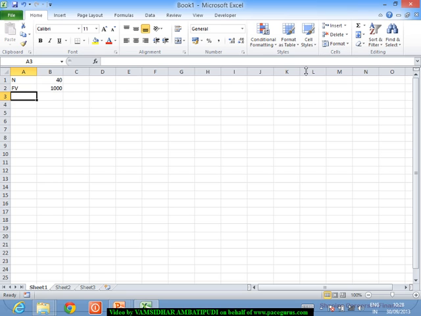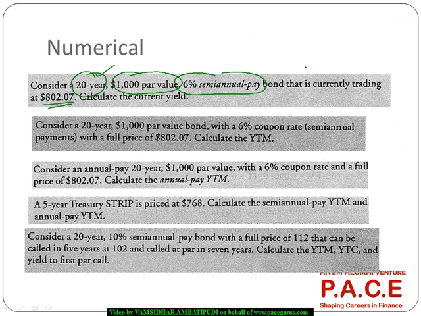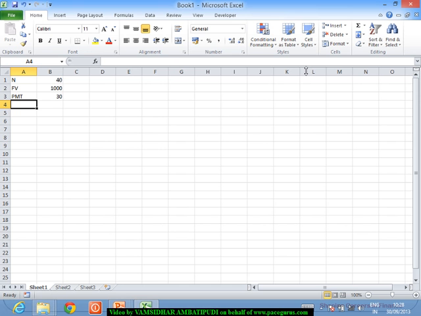Because it's a semi-annual payment, I'll take the PMT as 30. And currently traded at 802.7. The present value, I'll take it as minus 802.07.